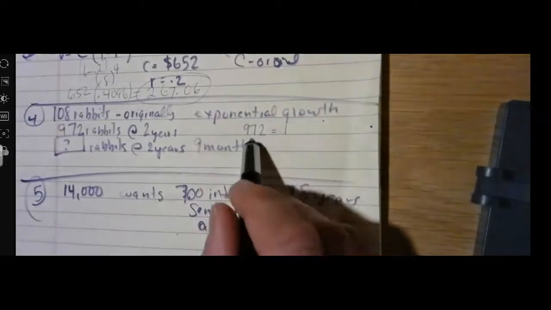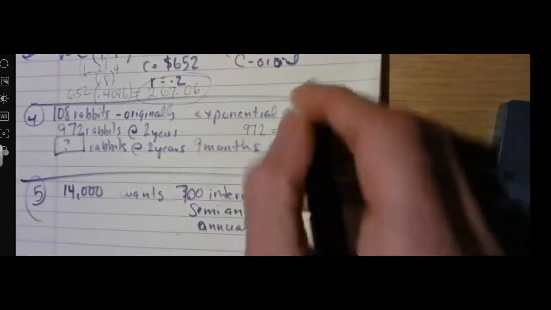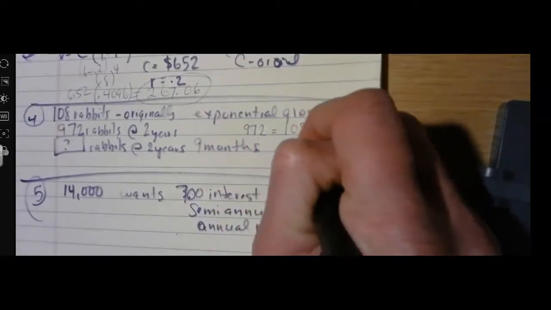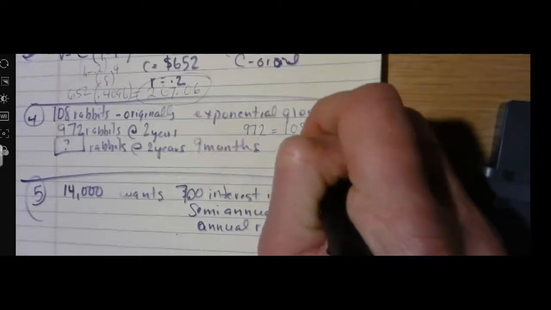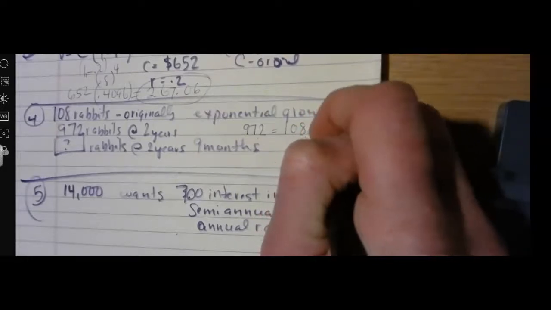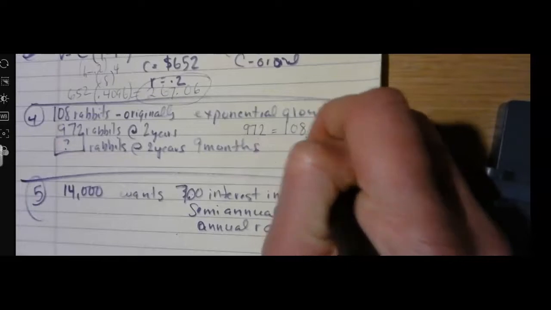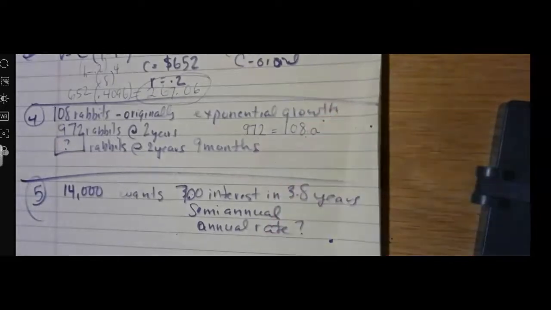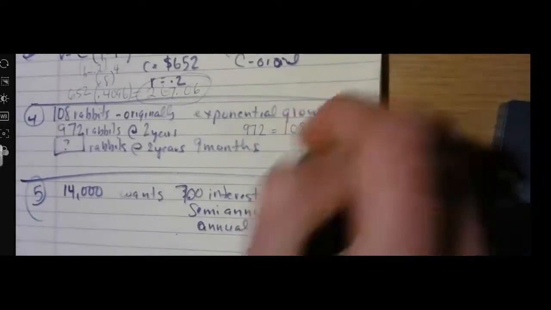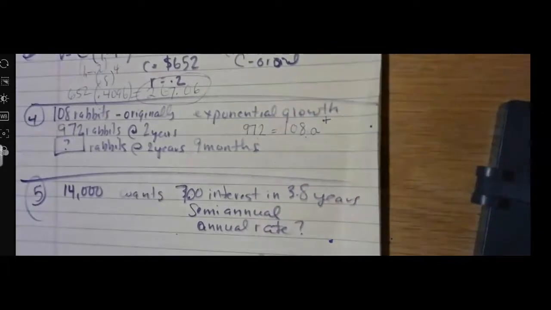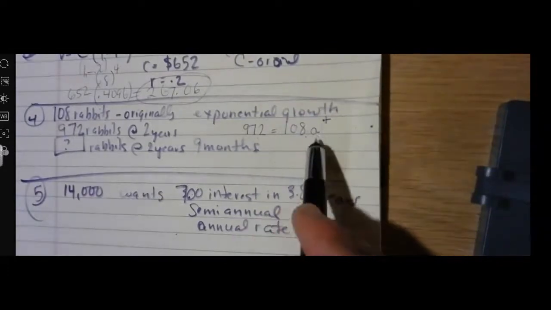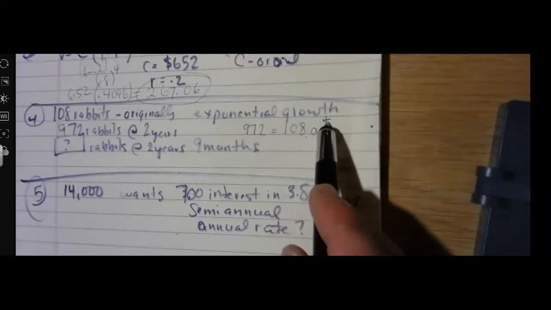So the population at a certain time is equal to the amount that you have originally, 108 rabbits, times a, that's our base. We're trying to find out how many times the rabbits multiply every year, all right?